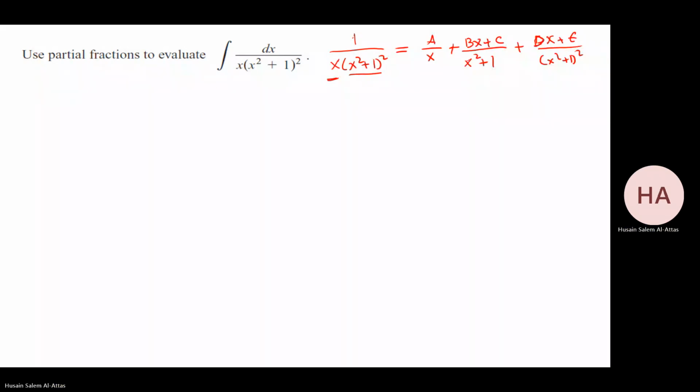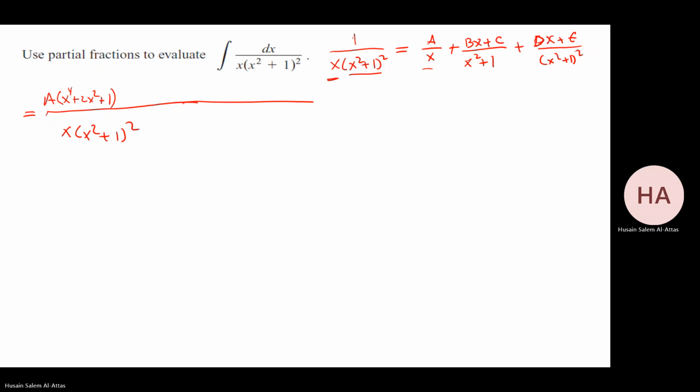That will be equal to what? I need the common denominator. If I divide this by this one, I have a times (x squared plus 1) all squared, which is x to the power 4 plus 2x squared plus 1.